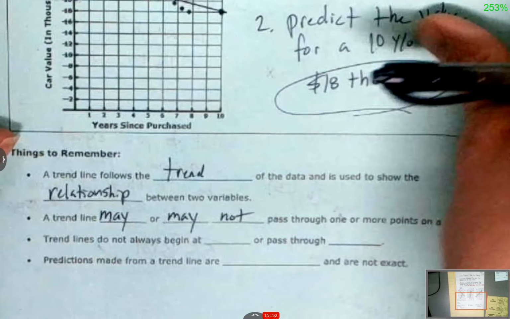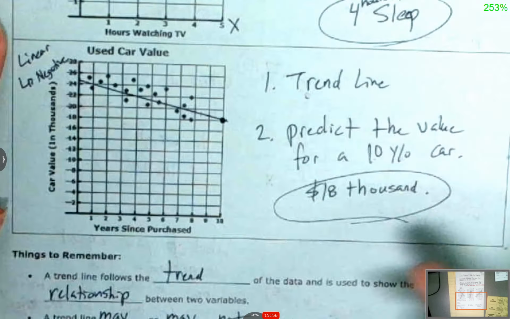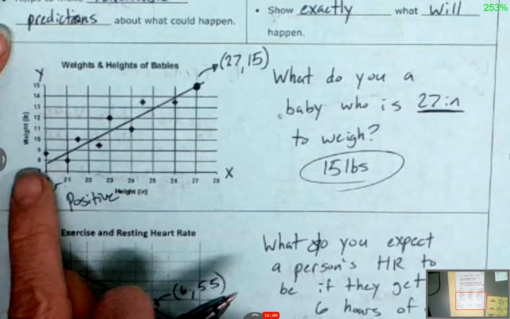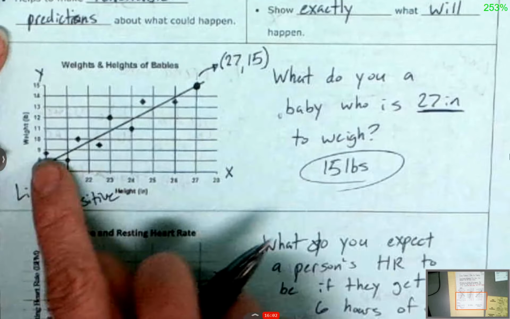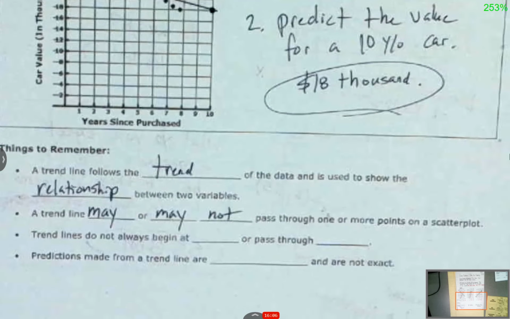So you'll notice here the trend line is crossed right through one of my points. But it's not about playing connect the dots. Over here, the trend line passed through none of the data. So it doesn't really matter if it passes through or not as long as it's going between the points.